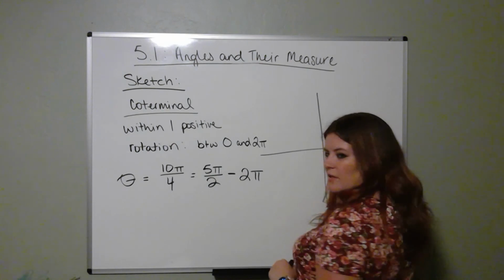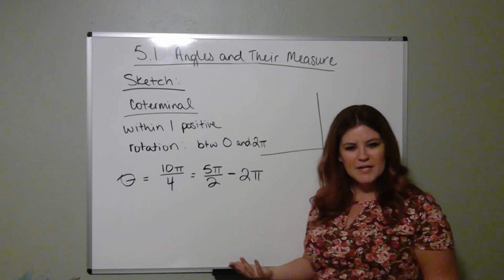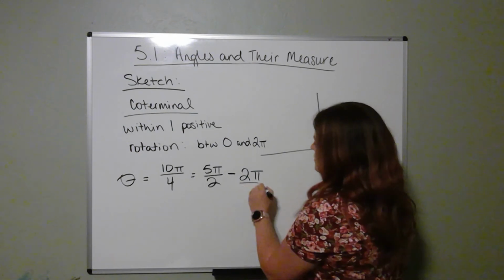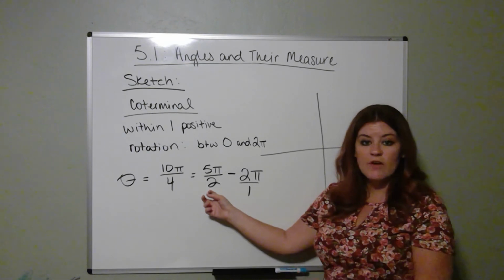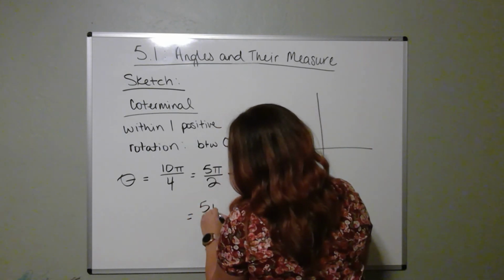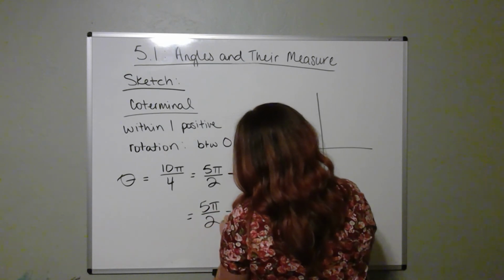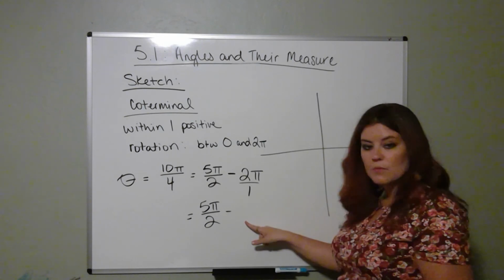So guys, when we're working with fractions, if I want to subtract or add, don't I have to get a common denominator? Well, yeah, this is 2 pi over 1. In this case, if I'm using the reduced version, it is 5 pi over 2. So I'm going to keep the 5 pi over 2, but I need to write 2 pi in terms of 2 in the denominator.